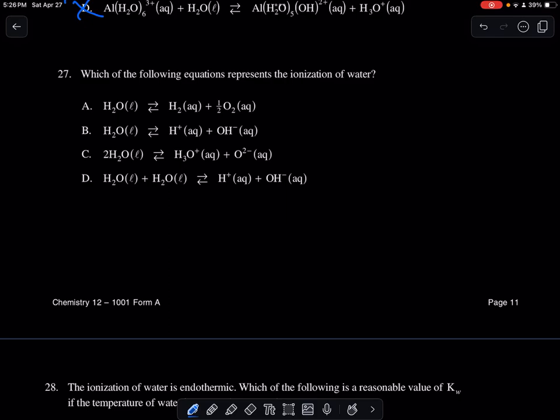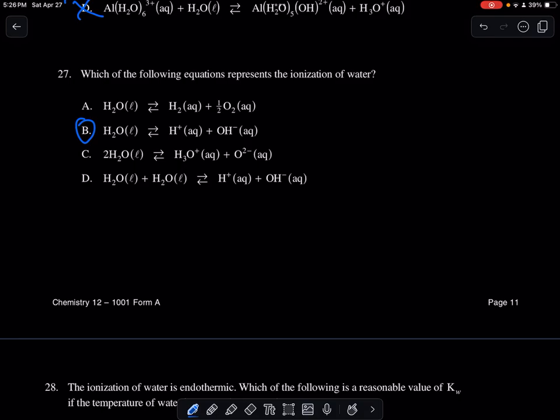So I am leaning towards a certain answer option here. Let's see if you get the same one. Give you just a couple more seconds before I actually fill in the answer option. So the auto-ionization of water is going to be option B.